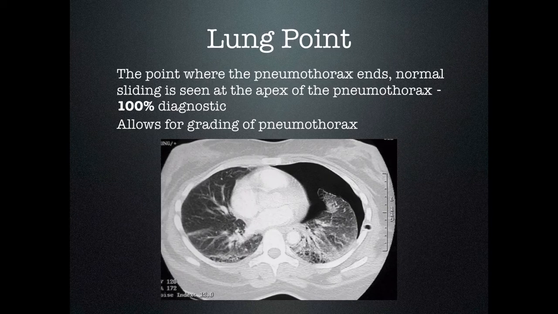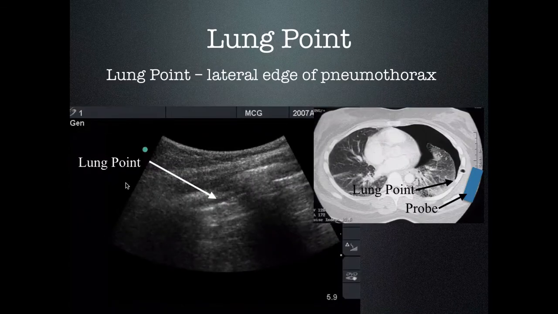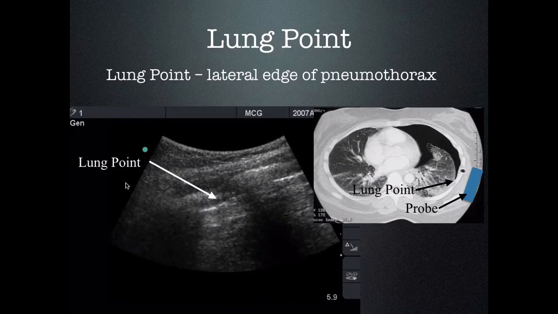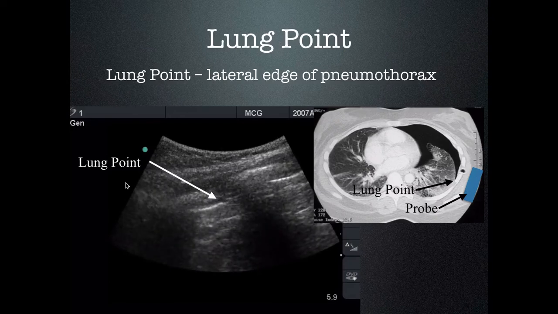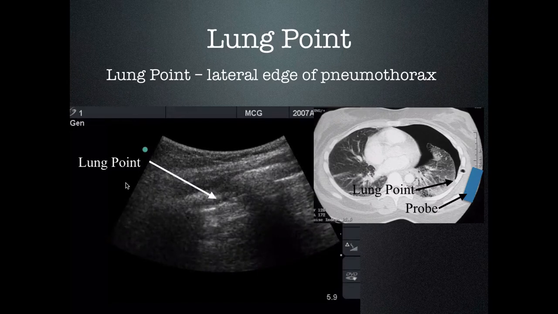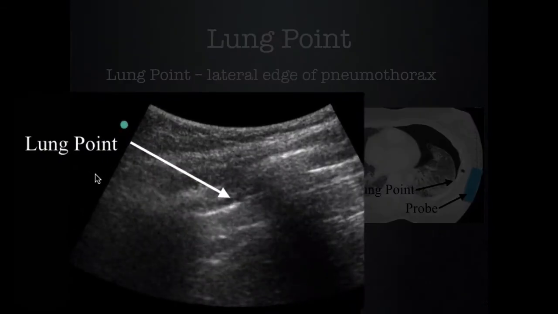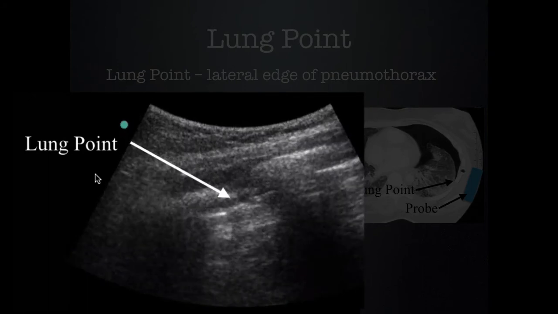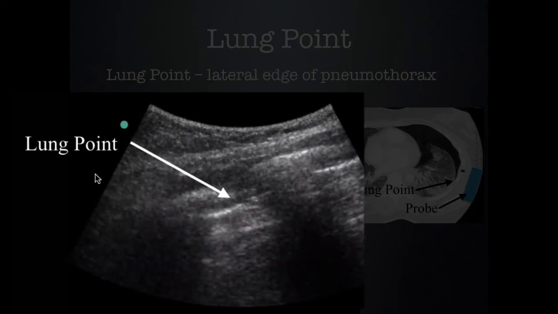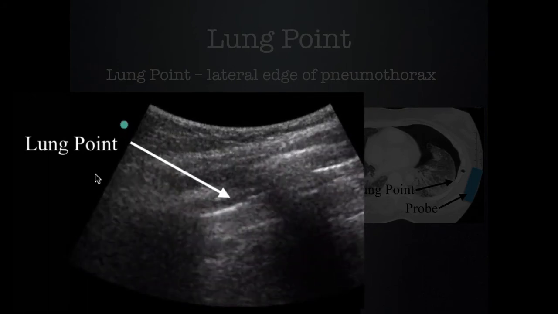But because we use ultrasound and we can see things in dynamic motion, the lung point will look like it moves. So you can see here where we placed our transducer on the lateral chest wall. We're imaging the point where the pleural surfaces are touching and where the pleural surfaces are separated by air. And because the lungs are moving in and out with air, that point will move up and down the chest wall.